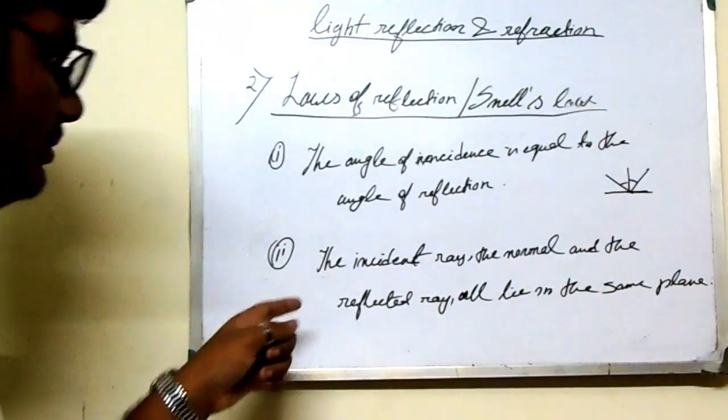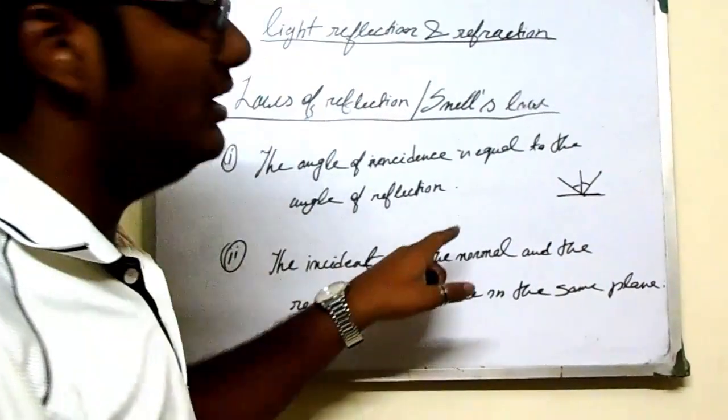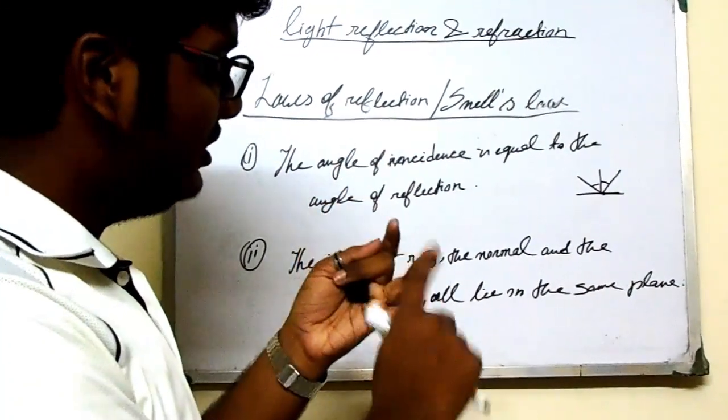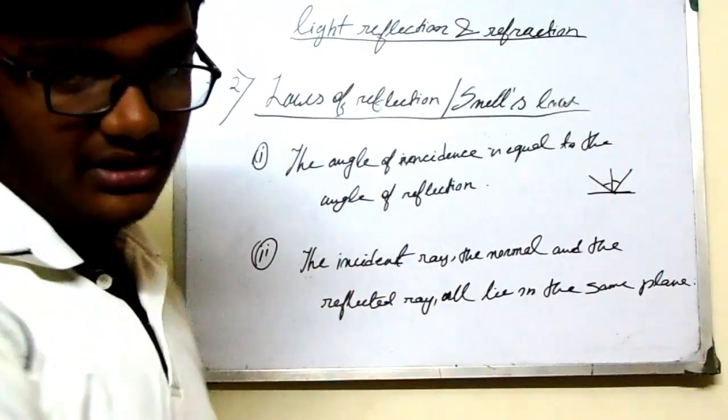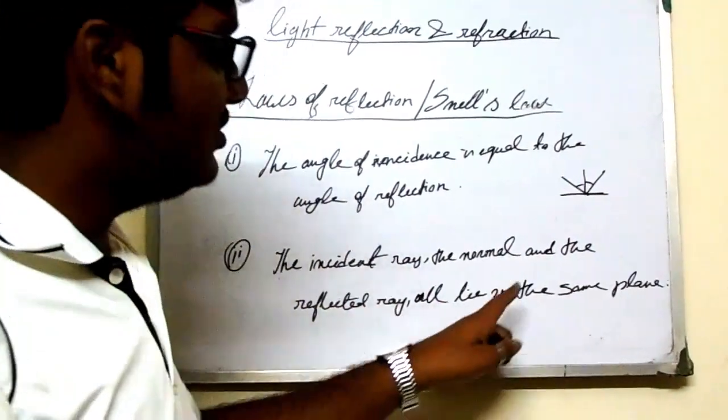Note this one, I am again repeating. The incident ray, the normal and the reflected ray all lie on the same plane.